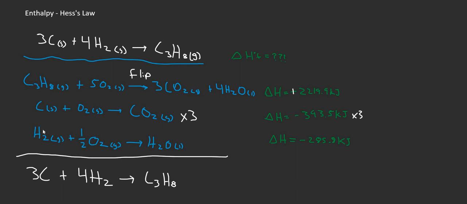Well, I notice we have H2 up here in this third reaction, and it's also on the correct side of the arrow, but we only have 1 of them up here, and we need 4. So the easiest way, Occam's razor, is to multiply that last one by 4. And do the same thing to the enthalpy of formation for that reaction.